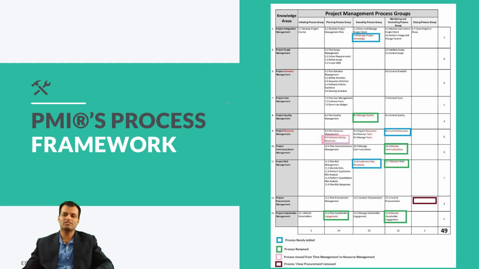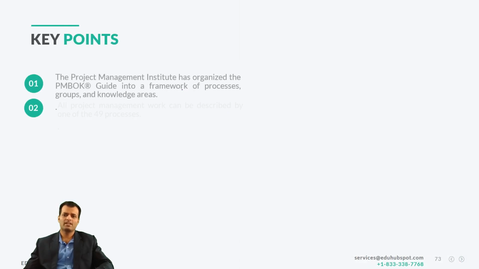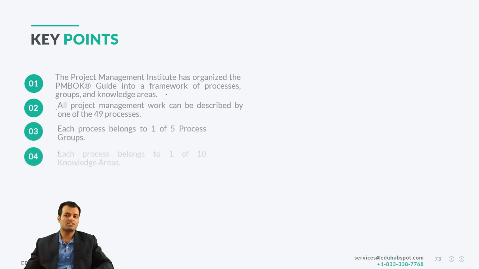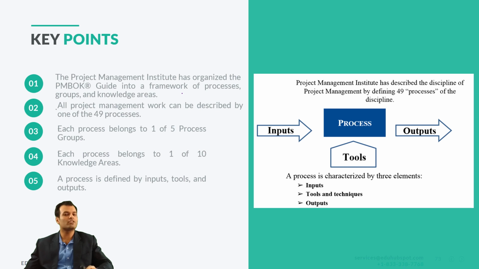So this is the process framework. Let's see, what do we have? The PMBOK guide: the Project Management Institute has organized the PMBOK guide into a framework of processes, process groups, and knowledge areas. So basically we have 49 processes, 5 process groups, and 10 knowledge areas.